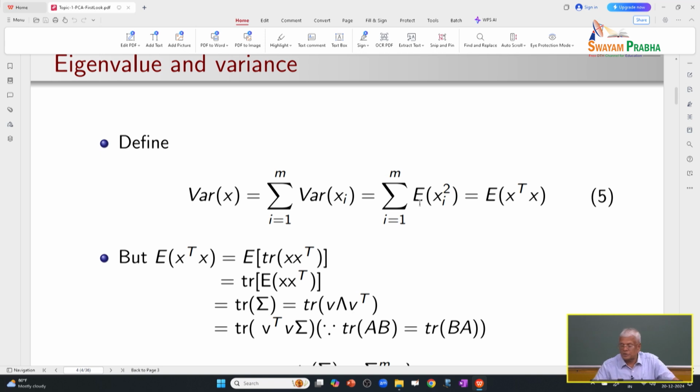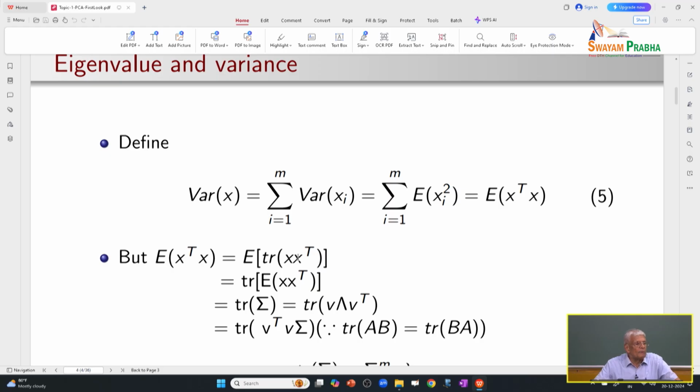Therefore, it is the expectation of the sum of the squares, which can be expressed as x transpose x. So, expected value of x transpose x, I want to understand what it is. The expected value of x transpose x is a scalar. Trace of a scalar is itself, you already should know that.